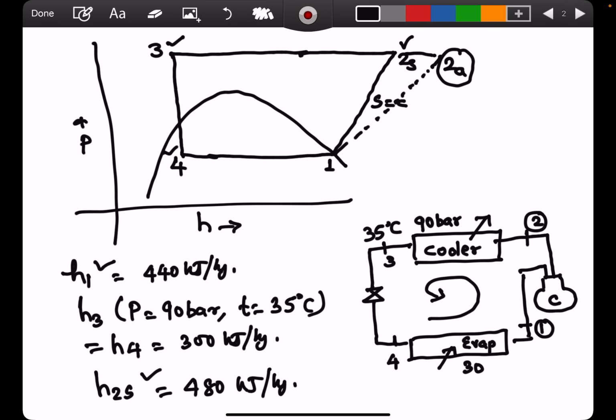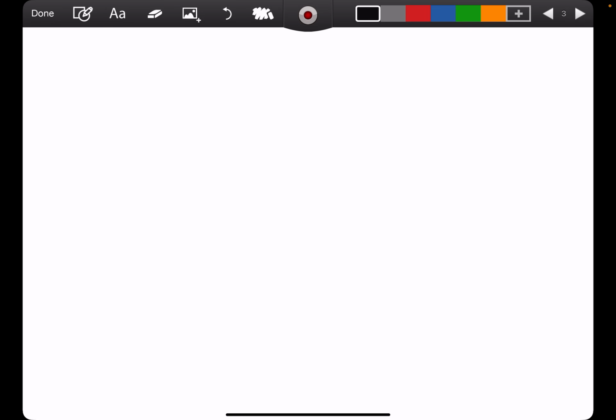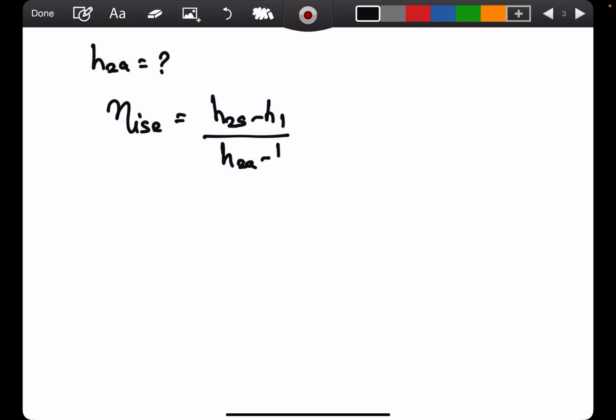Now the important part is you will have to calculate H2A. So how do you find H2A? For that we make use of the concept of isentropic efficiency, which is just the enthalpy difference in the ideal case, that is H2S minus H1, over the enthalpy difference when the compression is actual, that is with friction, H2A minus H1.